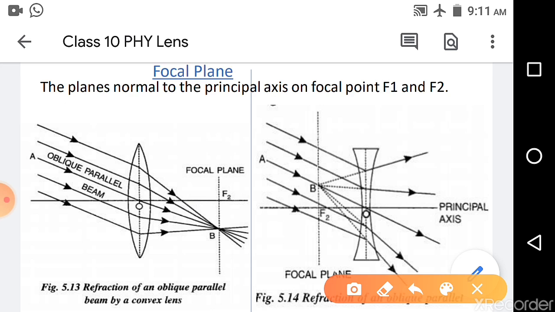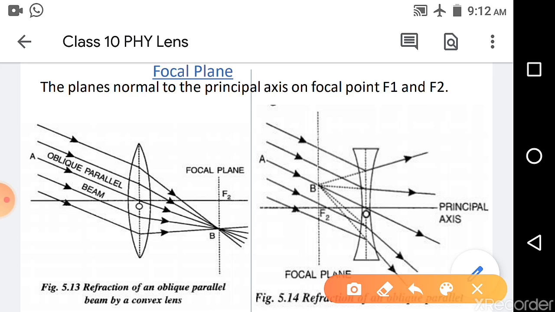There are two focal points, so there are two focal planes for a lens. The plane which passes through the first focal point is called the first focal plane, and the second focal plane is the one which passes through the second focal point.